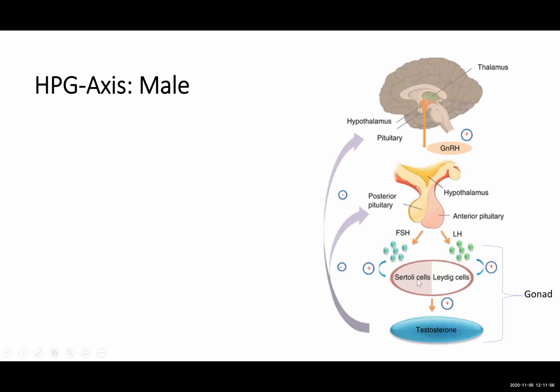FSH acts on the Sertoli cells and LH on the Leydig cells. Those are just two specialized cells in the testicles, and those cells will then produce testosterone. All of this happens, again, in the gonad. Testosterone can then, most commonly, negatively feed back on the hypothalamus or the pituitary gland.